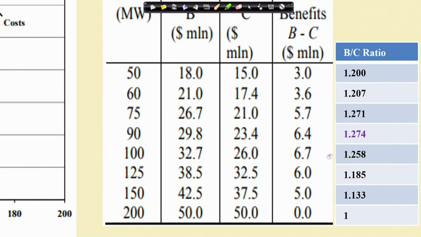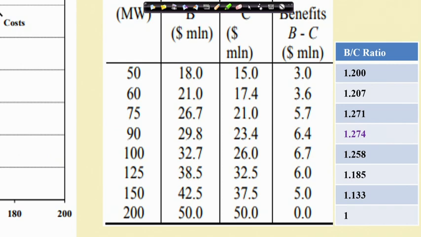But if you see the benefit cost margins, if the government invests $32.7 million as opposed to $29.8 million, which is an additional $2.9 million, I will get an additional benefit of $0.3 million, that is fine. So my net benefit is going to be $6.7 million.